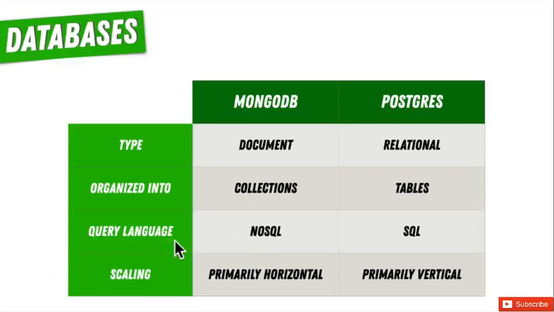The query languages in NoSQL databases are customized for specifically what that database was designed for, which in MongoDB's case was to make it really easy to work with documents while still enabling horizontal scalability.